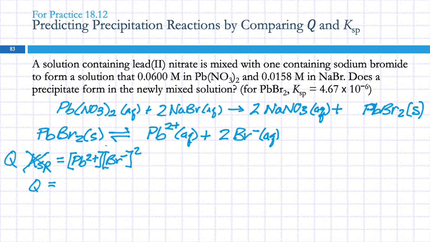So Q will equal, here's our concentration of lead, and bromide squared. I knew I forgot something. So 0.06 times 0.015 squared.